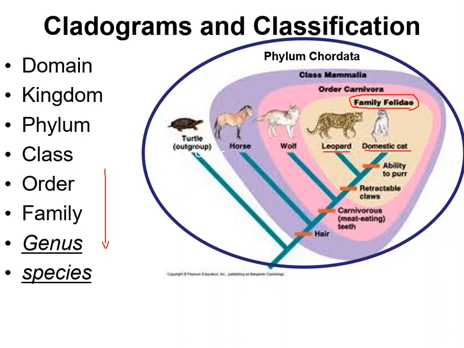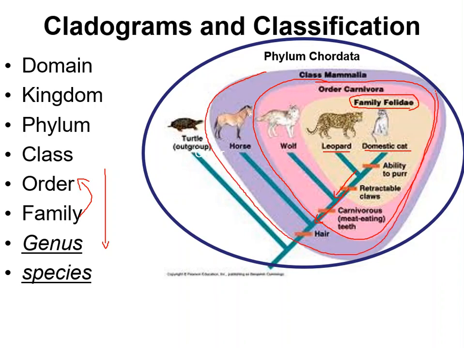And then as you branch out, as you go down the tree and you include more and more groups, so as you include the wolf here, you've expanded from family to order, right? Order Carnivora. As you include more individuals, so now you've included a horse, you've expanded to the class Mammalia.